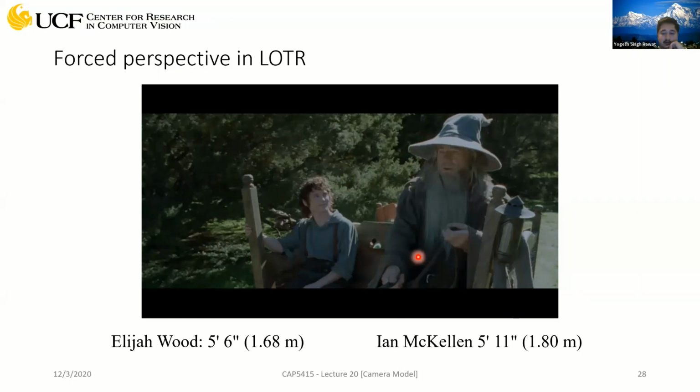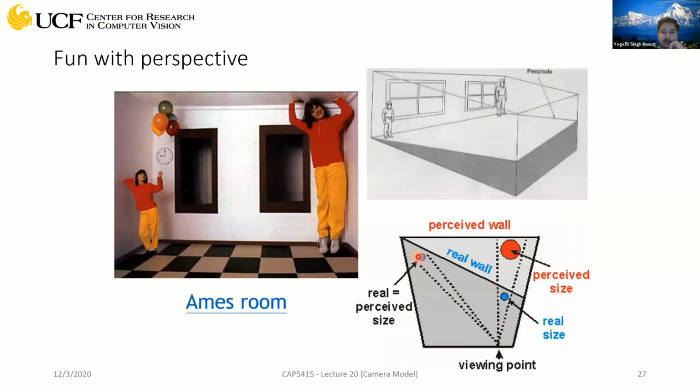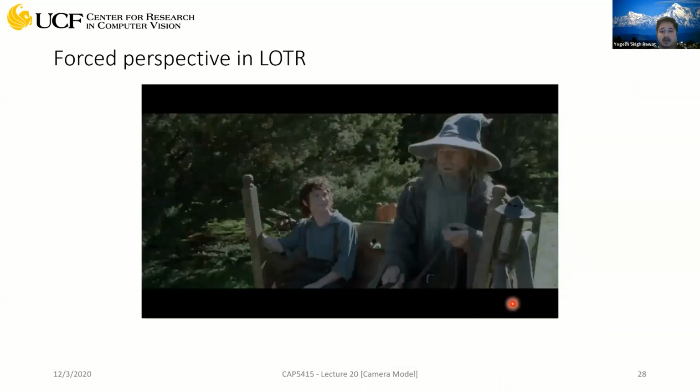So I think what these guys did is they tried to use the idea of this projection, like how your perceived objects can be much bigger when they're close to a camera. And it wasn't that simple. I think they tried to use multiple cameras. So I think they put one camera very close to Gandalf and then one common camera to shoot the full scene.